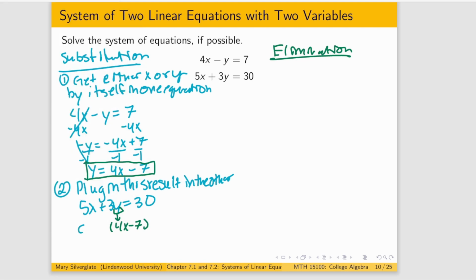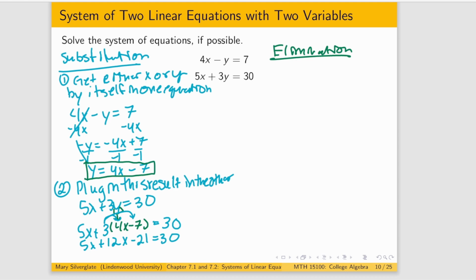So we still have the 5x, we're still multiplying y by 3, and that's still being set equal to 30. Now you want to solve for x, so I would first distribute the 3 to both of these terms, so I get 5x plus 12x minus 21 is equal to 30.